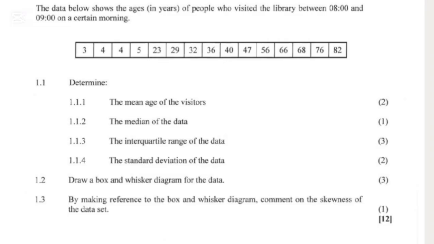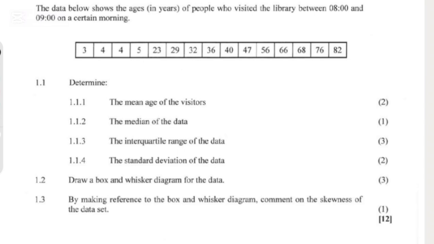When you encounter such problems, make sure that your data is rearranged in a correct order. This one you don't have to rearrange because it starts from small to the biggest: 3, 4, 4, 5 and all that. Then the first question will say determine the mean.